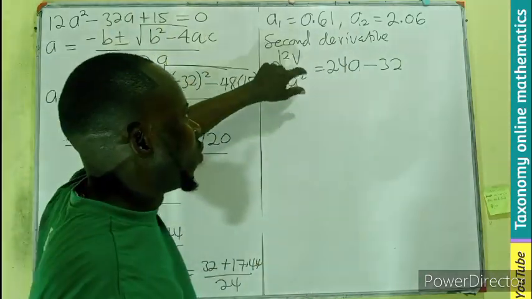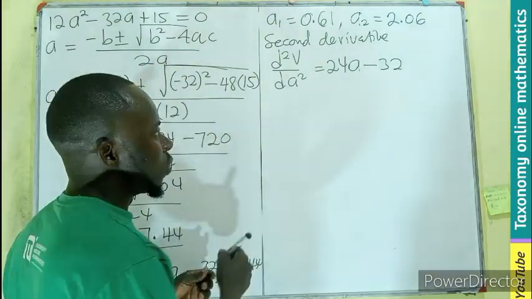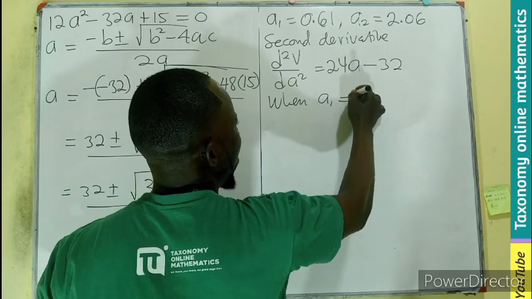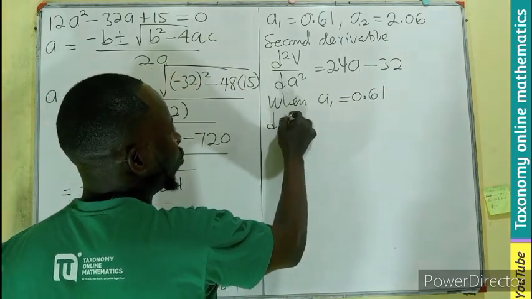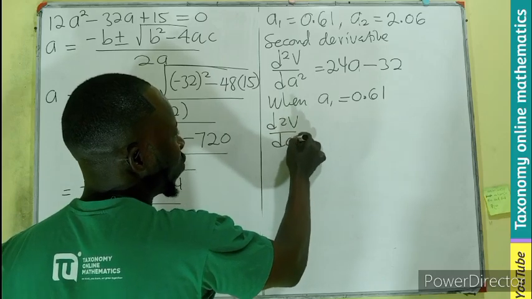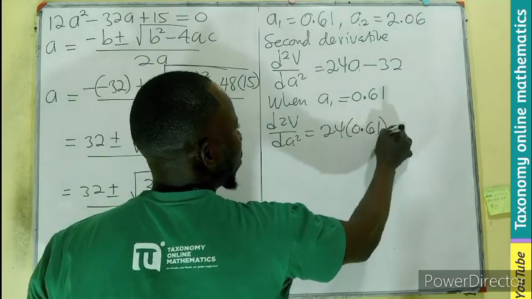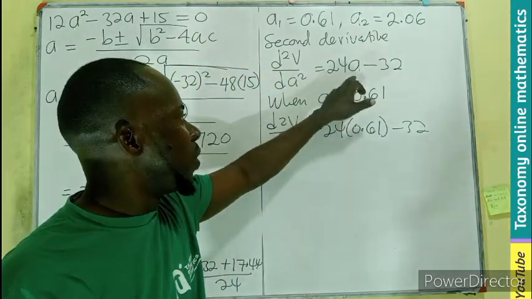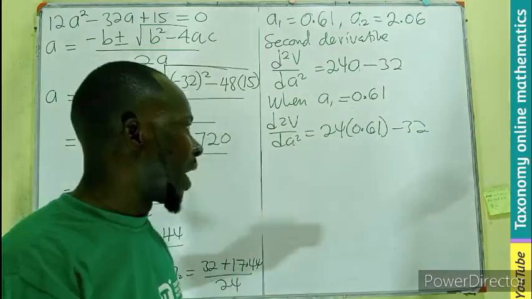So let's test which of these values will give us the maximum volume. So I can say that when A1 equals 0.61, the d2V over dA squared will become 24a, then minus 32. In place of a, we substitute our value for a and put that in the calculator.